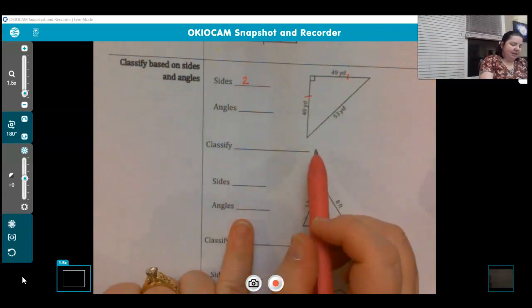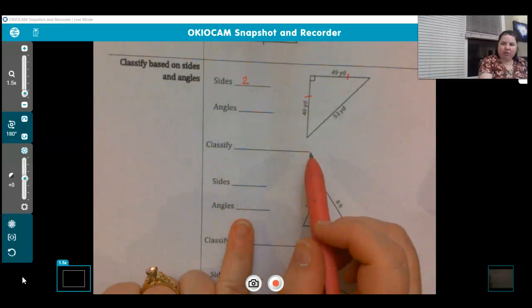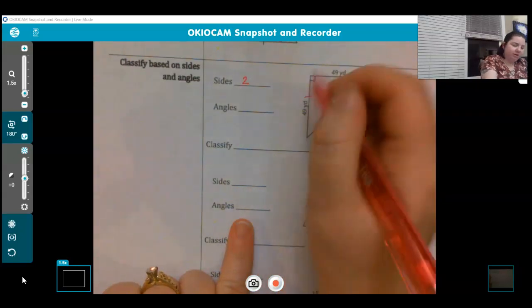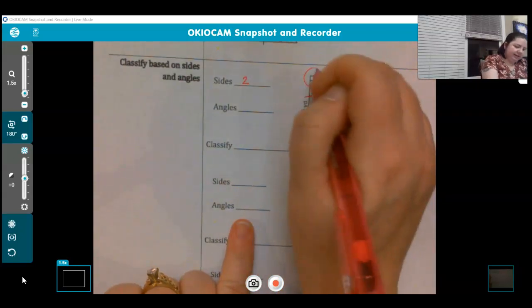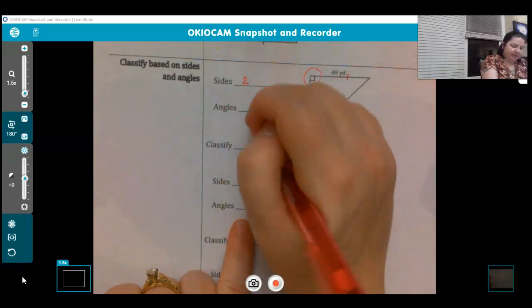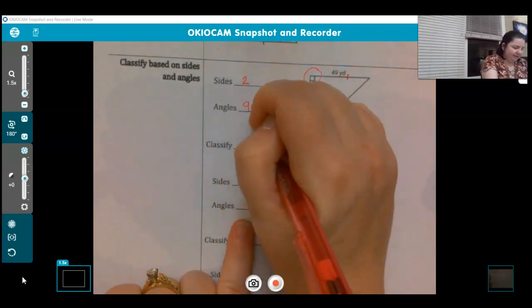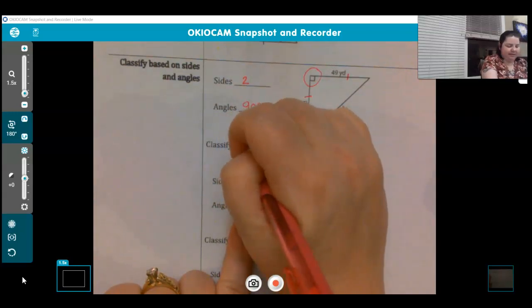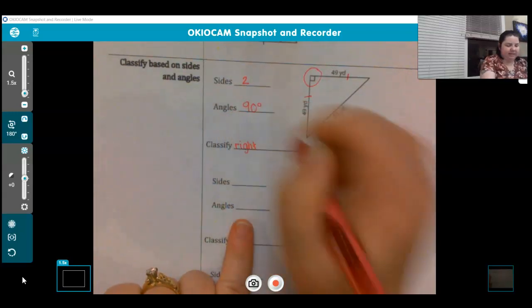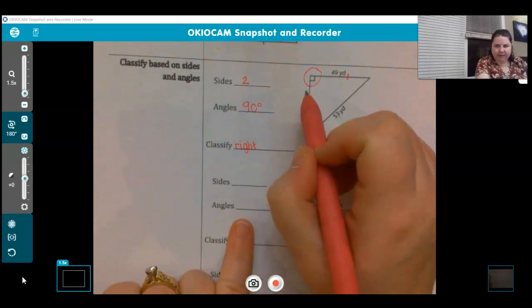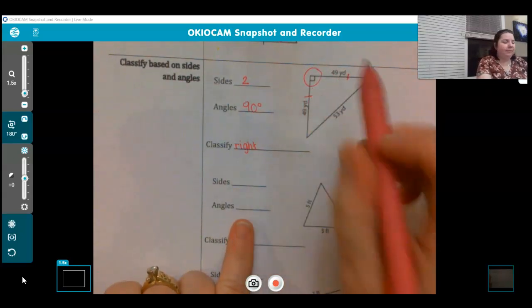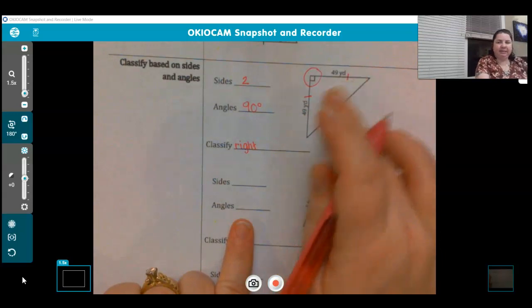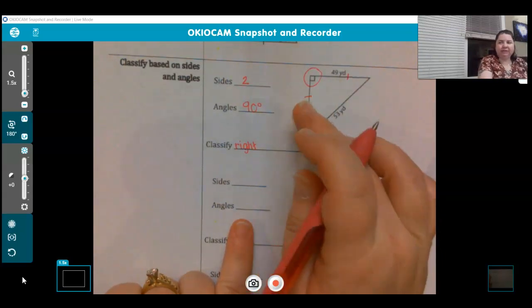And I look at my largest angle. My largest angle is this one right here, 90 degrees. So I have a right, because if I have a 90-degree angle, then that's a right triangle. Isosceles, because I have 2 congruent sides.